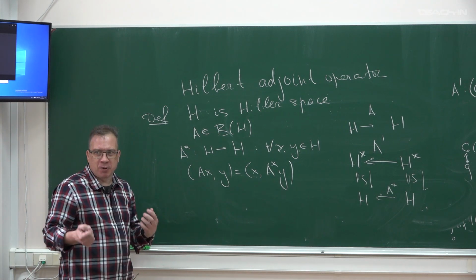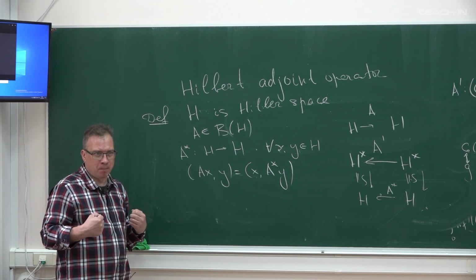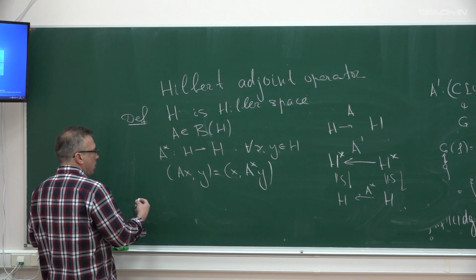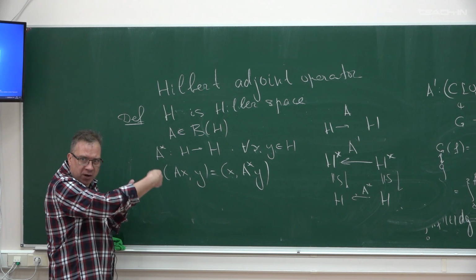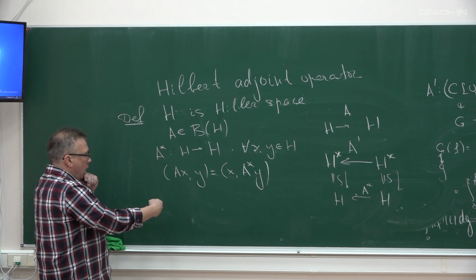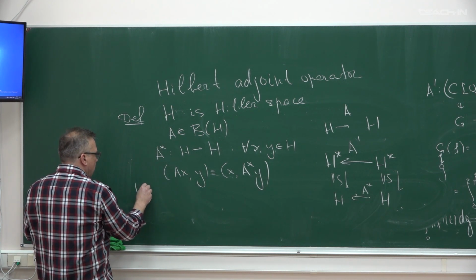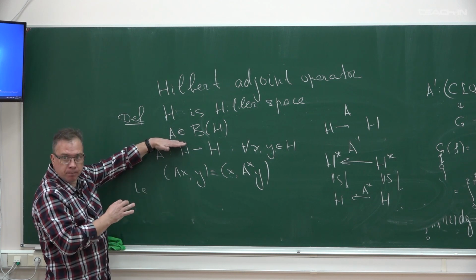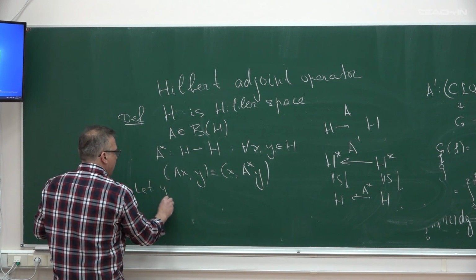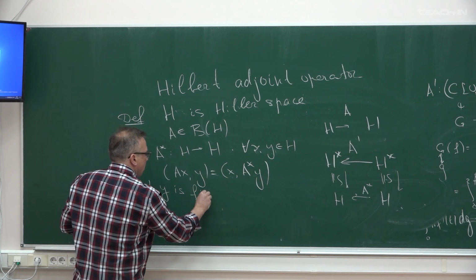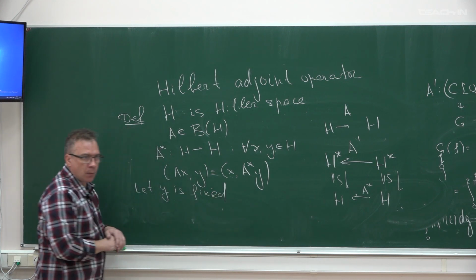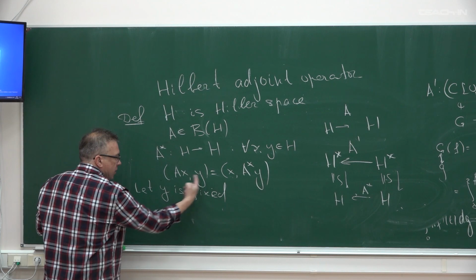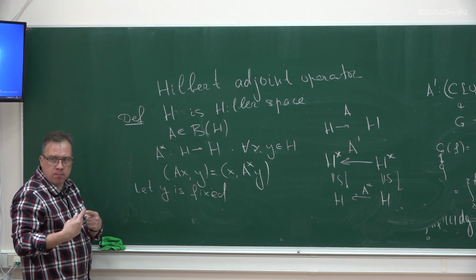But we have Riesz's theorem. Riesz's theorem is a powerful instrument. So I show that there exists an operator. Let A be given. Let y be fixed. I can consider this value as a functional.